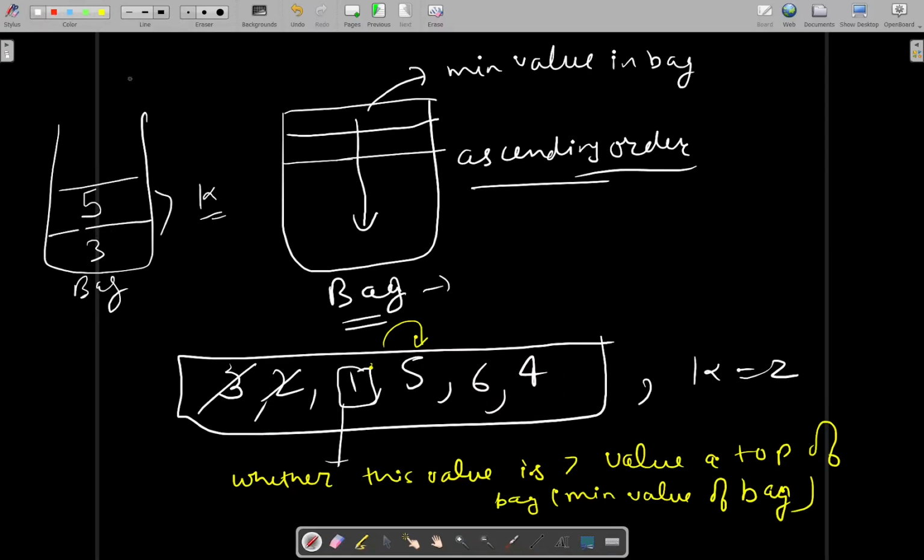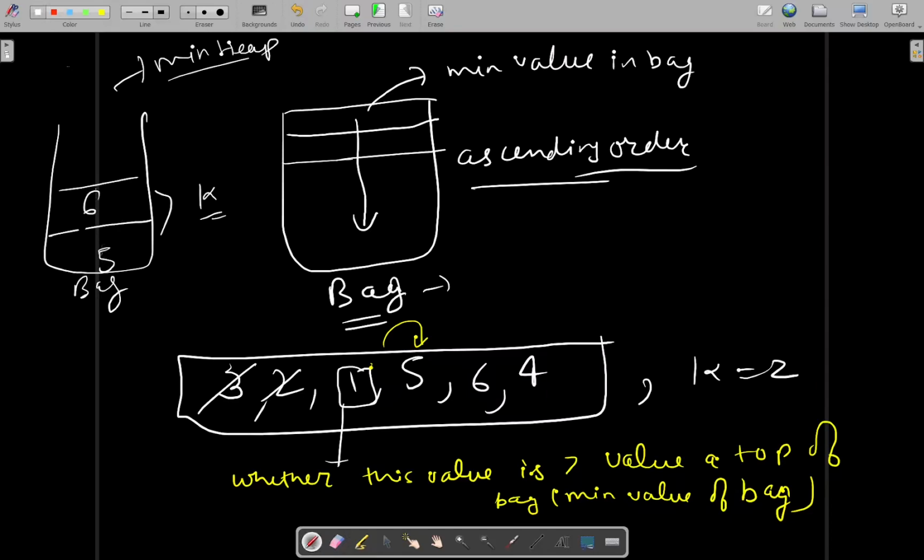Now since the bag is a min heap, the minimum value will always come at the top. So 5 will go towards the bottom and 3 will come up. Now you will check for 6. 6 is greater than the top of the bag, so you will remove this value 3 and put 6 instead.